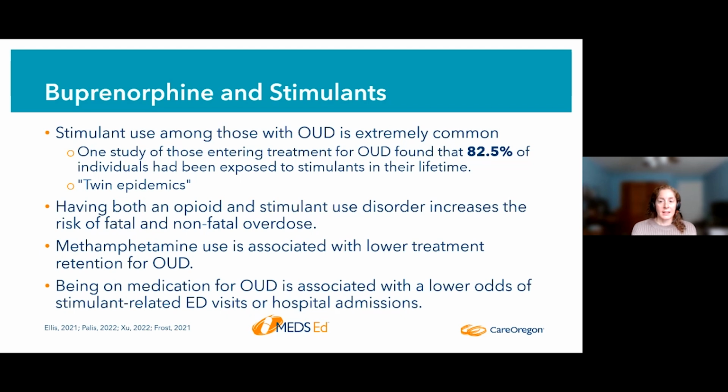So I think that's a really important point. There is risk combining opioids with stimulants. There is some risk even for patients that are on medication for opioid use disorder. But if we can get someone stable on MOUD, their risk of stimulant-related admissions goes down.